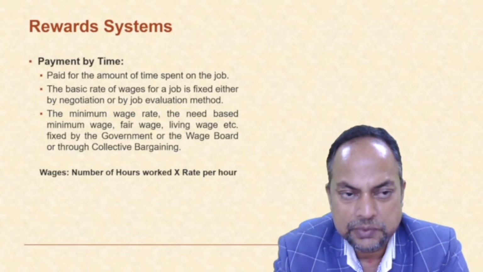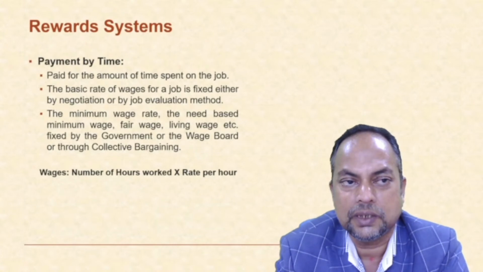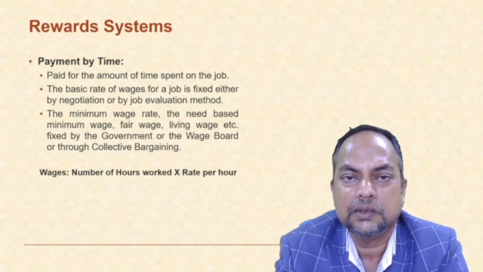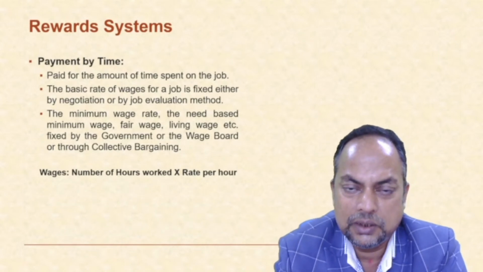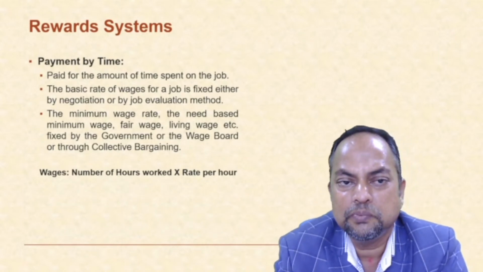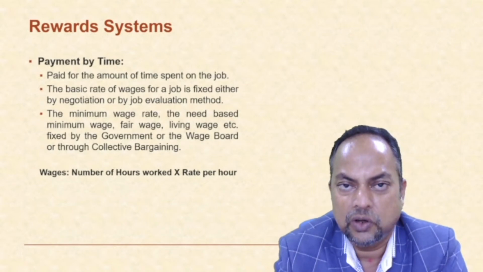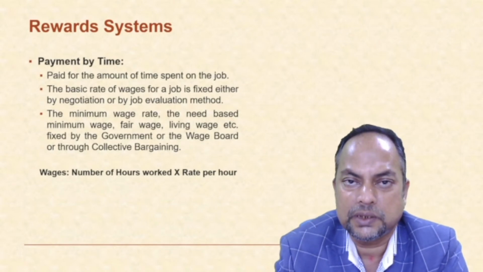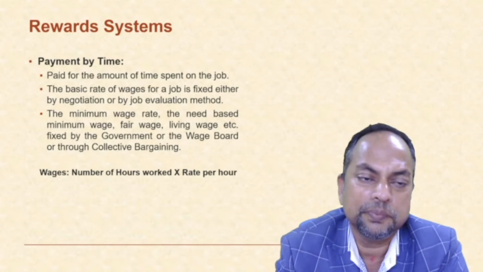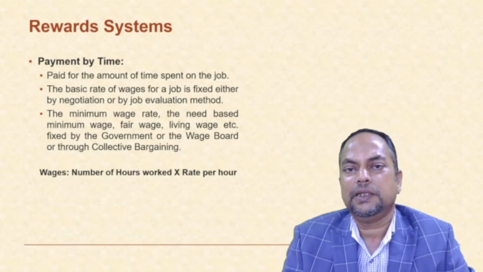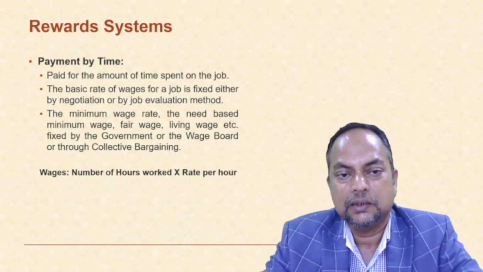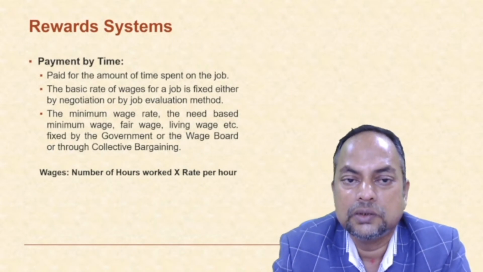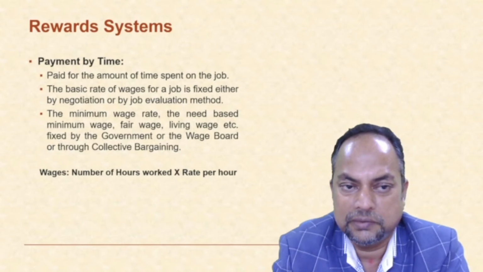Now, if we talk about the first such thing, the payment that we make on the basis of time. This is one of the simplest ways of calculating the wages or salaries to be paid to the workers, right? So it is paid on the amount of time that the worker spends at the job itself.